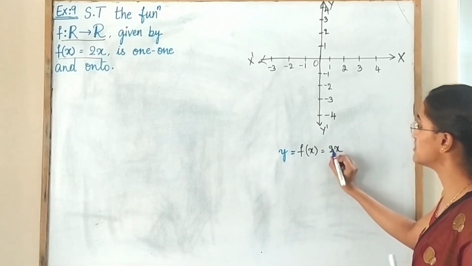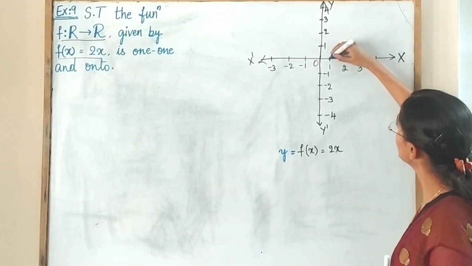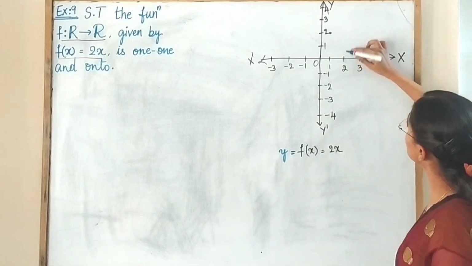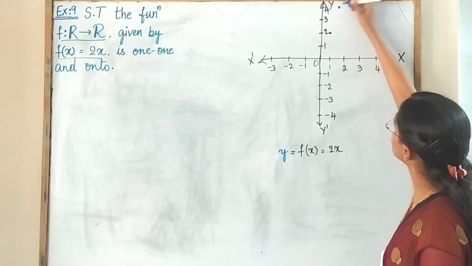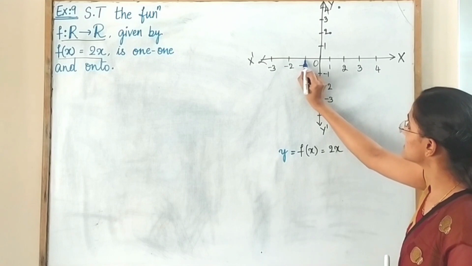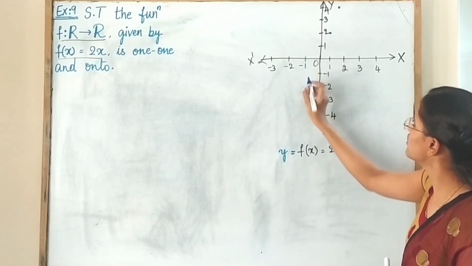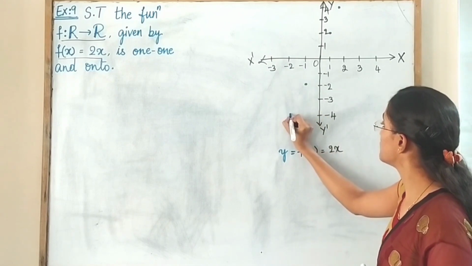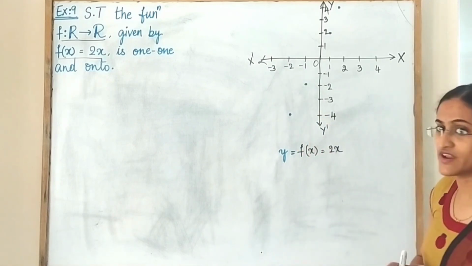Therefore, y will be equal to 2 into 1, that is 2. If x is 1, y is 2. If x is 2, y is 4, and it goes on, right? Now, if x is equal to minus 1, the value will be minus 2. If x is equal to minus 2, it will be minus 4, and it goes on again.